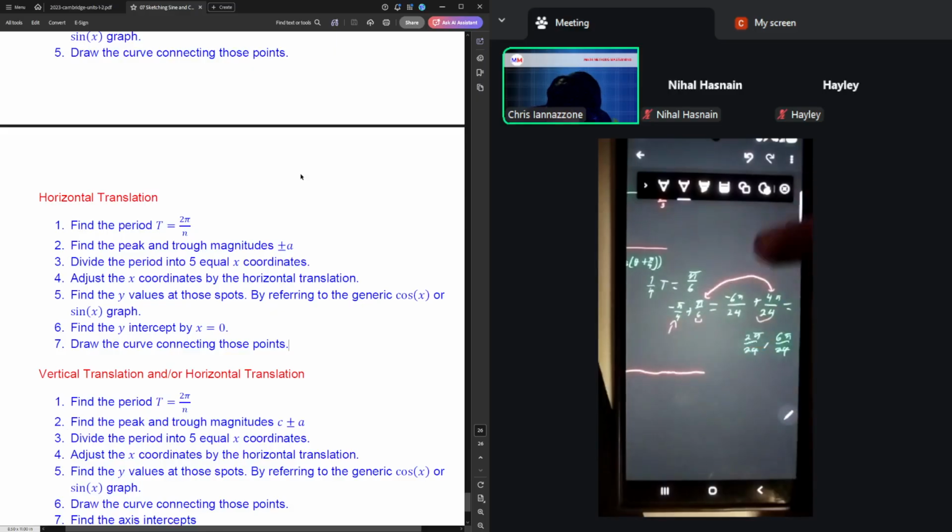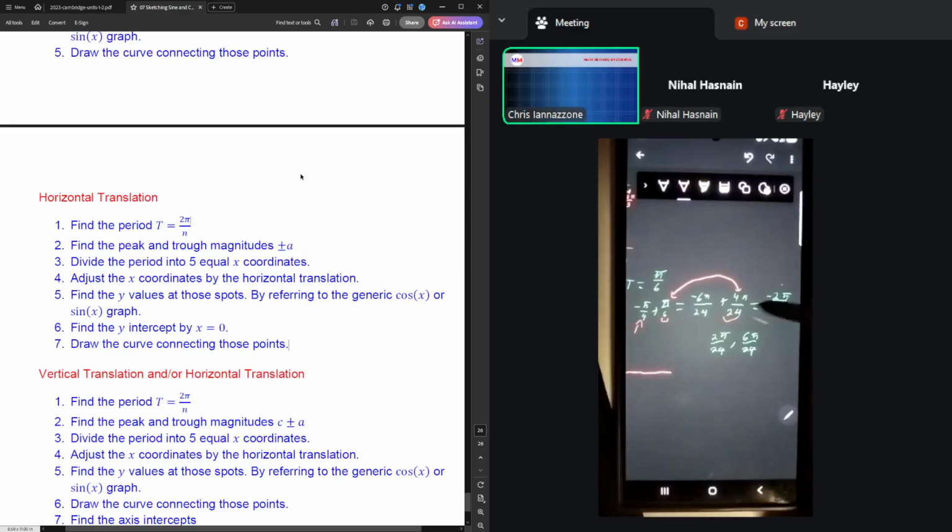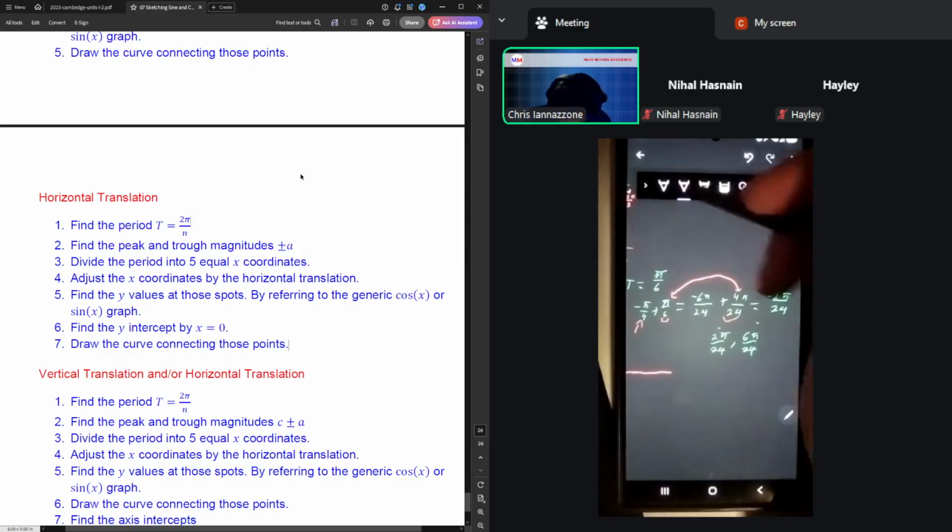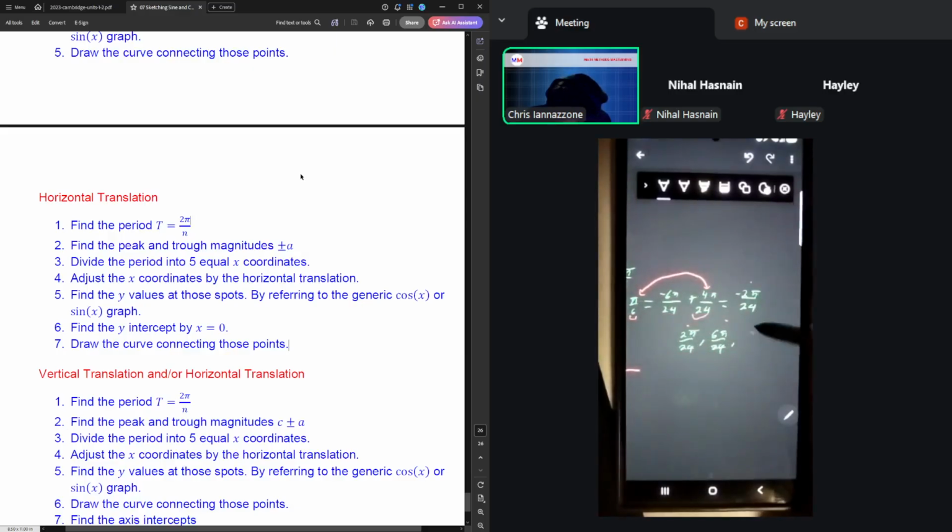So we got 1, 2, 3, 4, 1 more left. Adding another 4 gets you 10 pi on 24, and only here will I bother to simplify everything down.